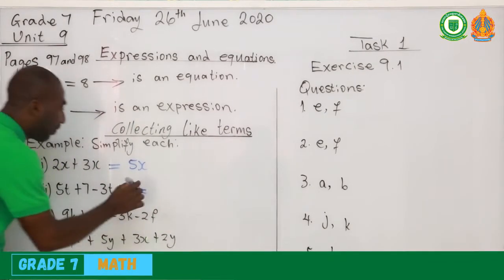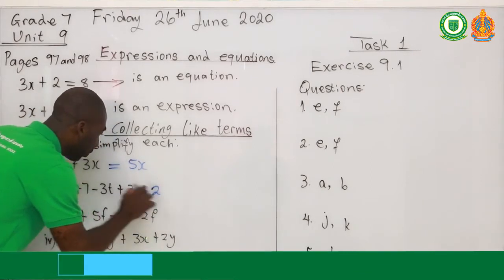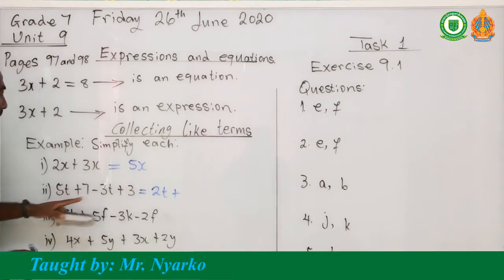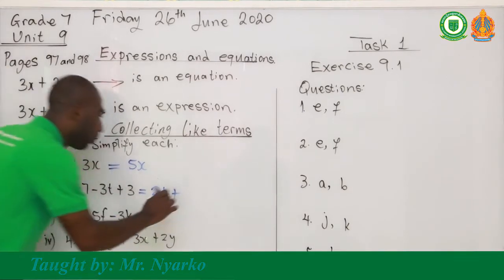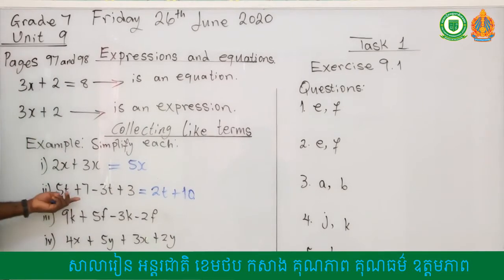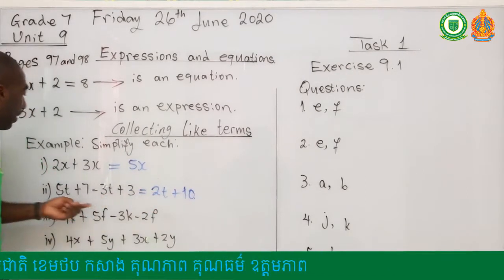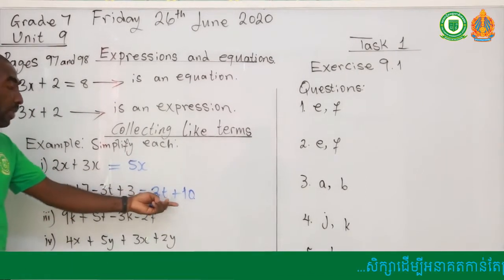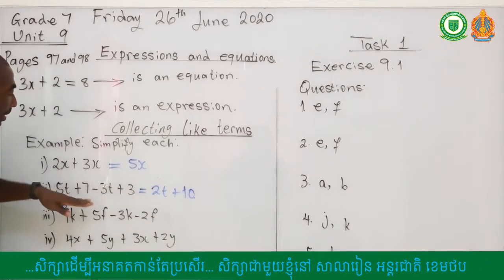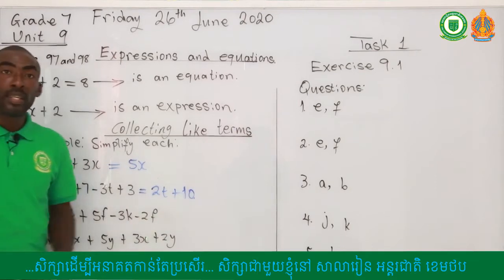So 5 minus 3 will give us 2t, plus our 7 and 3 will give us 10. So this is going to be our final answer, or in an equation form, this is how we're going to end there. We are simplifying the expression.